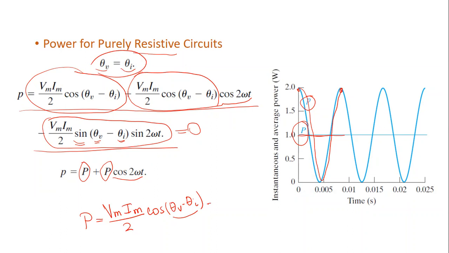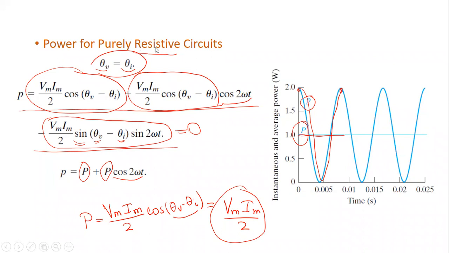Cosine 0 is 1, and this will be V maximum I maximum over 2.